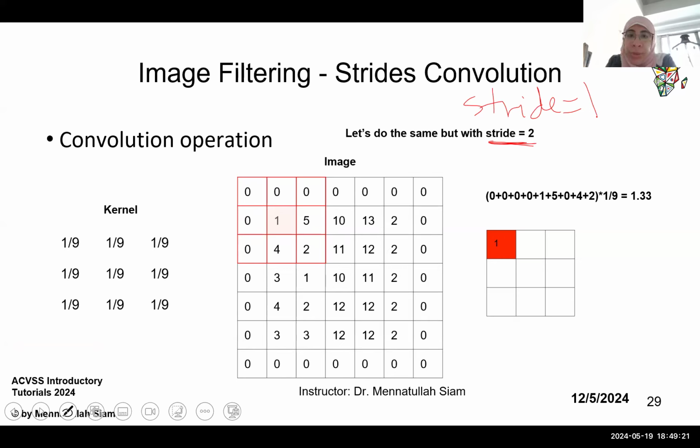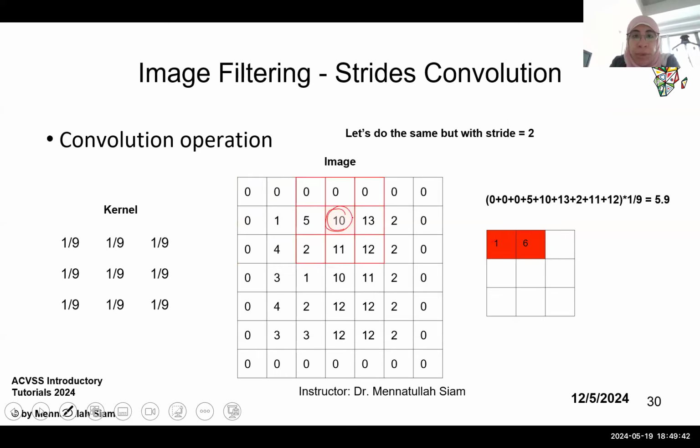With stride 2, I start here with this border pixel, I center my kernel and do the dot product, and I end up with this one. Now, when I slide to the next pixel, I'm going to jump 2 pixels. That's what it means to have stride equal to 2.